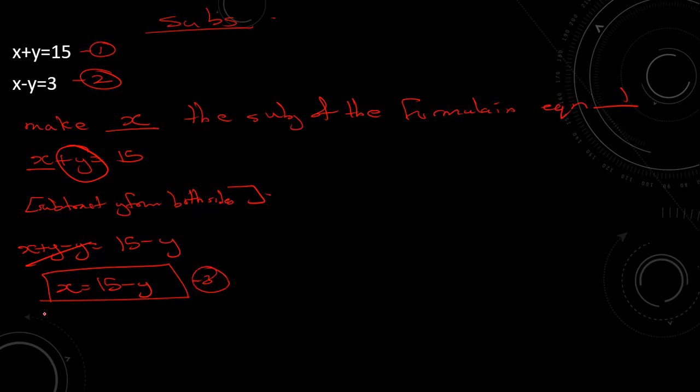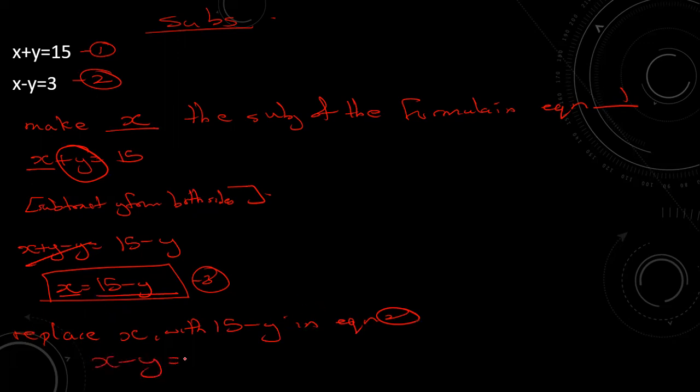Now, this is where the substitution happens. We replace x with 15 minus y in equation 2, since we got this from equation 1. So x minus y equals 3. What is our x?